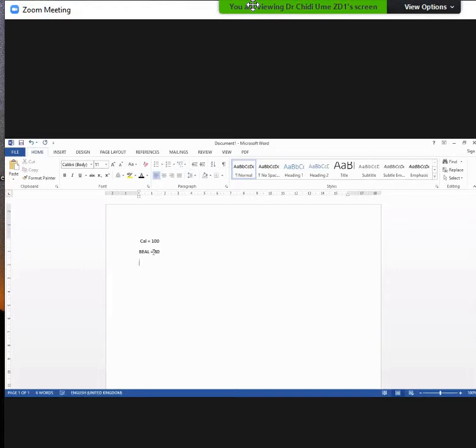For example, if the unsafe line is 75, and I am at 100, it means to the extent of 25, I am safe. So between my 100 and 75, 25 is my safety margin.